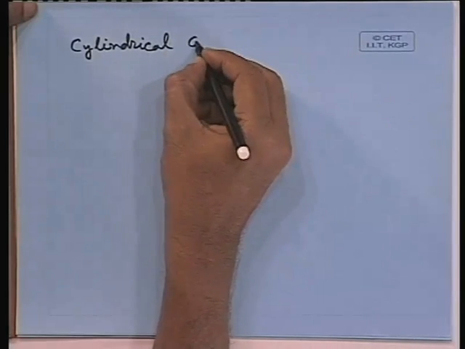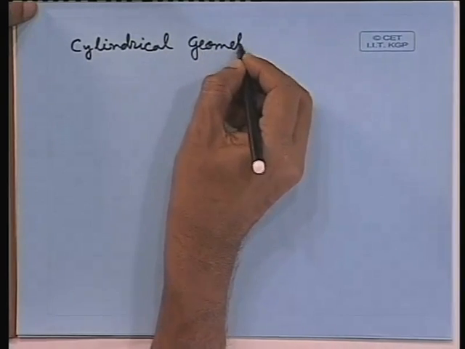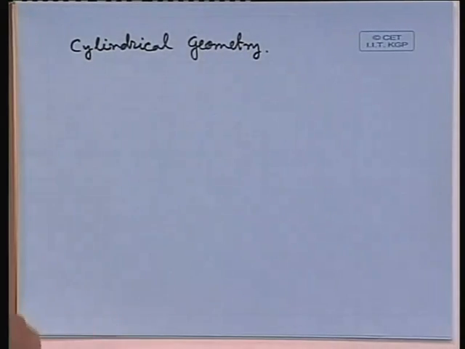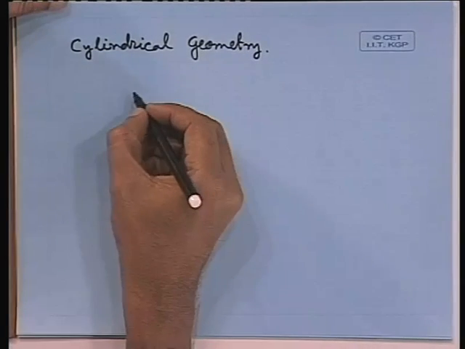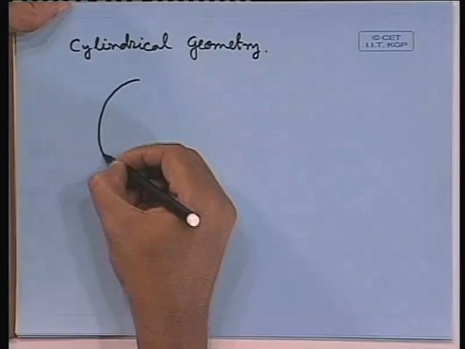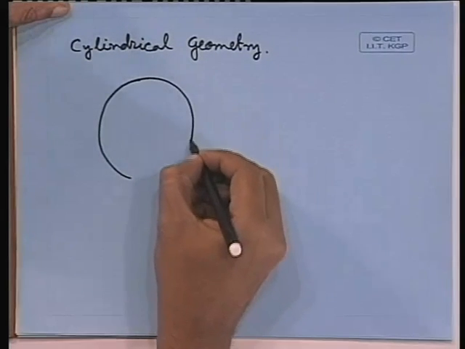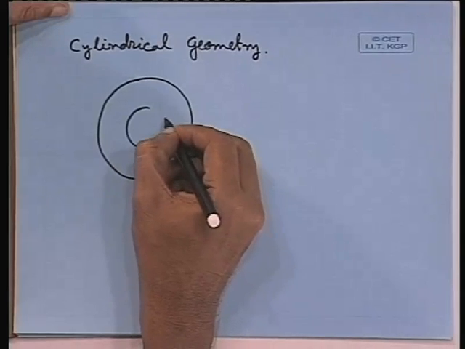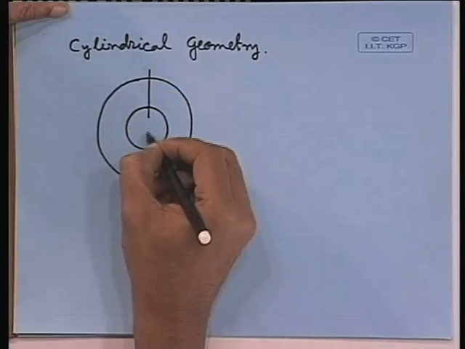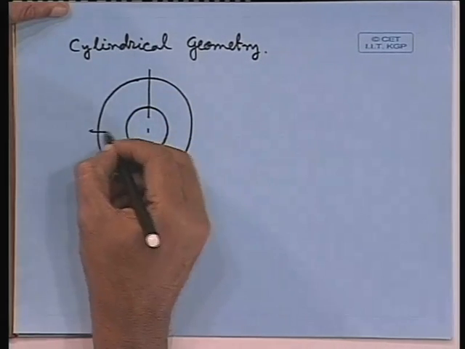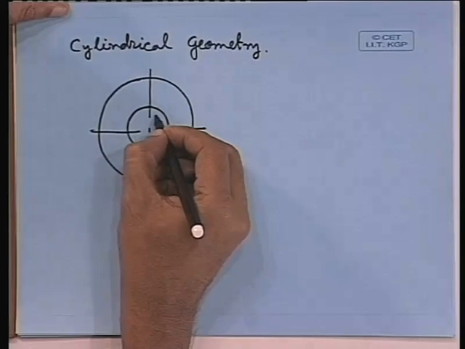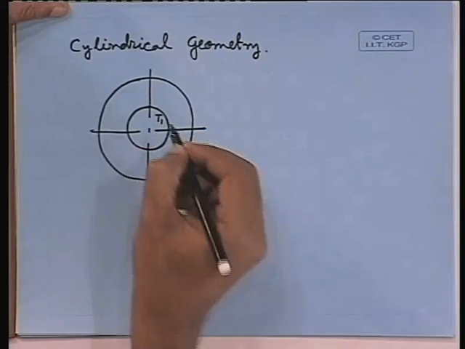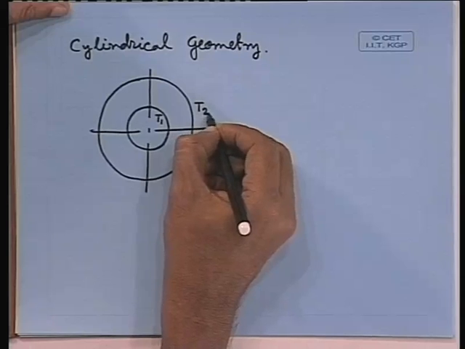So, let us put it in cylindrical geometry. Cylindrical geometry, let us take the example that we have got an annulus, and in the annulus one wall we are keeping at T1, another wall we are keeping at T2.